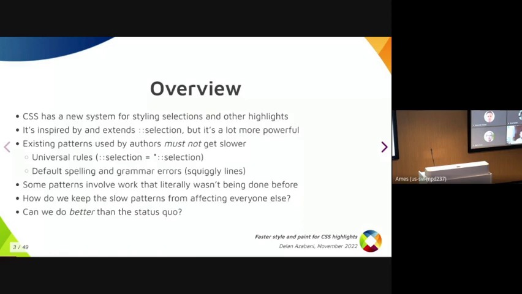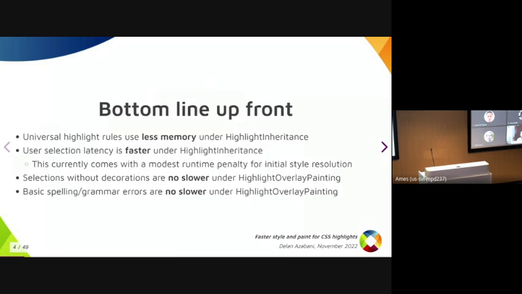Over time, though, we found that in many cases, the design of the highlight system allows us to perform better than we were able to perform before, which has often been a welcome surprise to us. If there's only one thing you take away from this talk, it's that content that only uses universal highlight rules uses less memory under highlight inheritance, and user selection latency improves as well, at the expense of slightly slower initial style resolution.